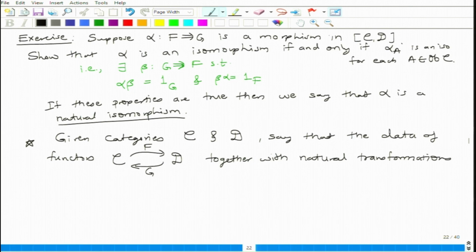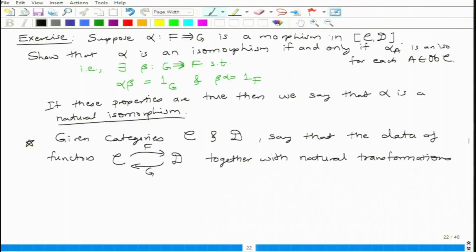Objects are Roman capital A, B, C, D. Then morphisms are always lowercase f, g, h. Yeah? And Greek letters are reserved for natural transformations.